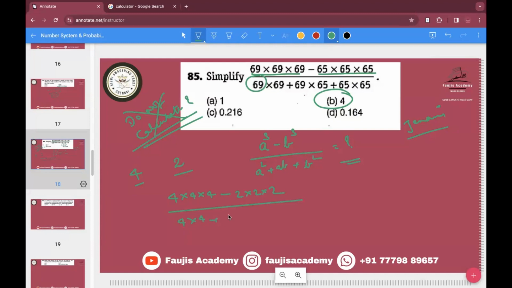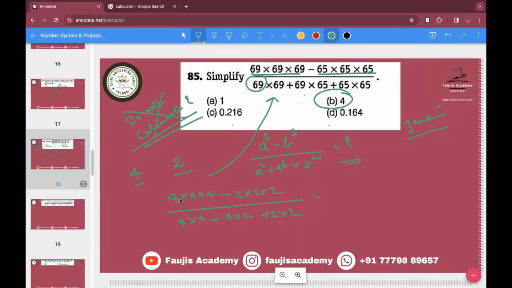4 into 4 plus 4 into 2 plus 2 into 2. We have written the same thing. Let's calculate that.